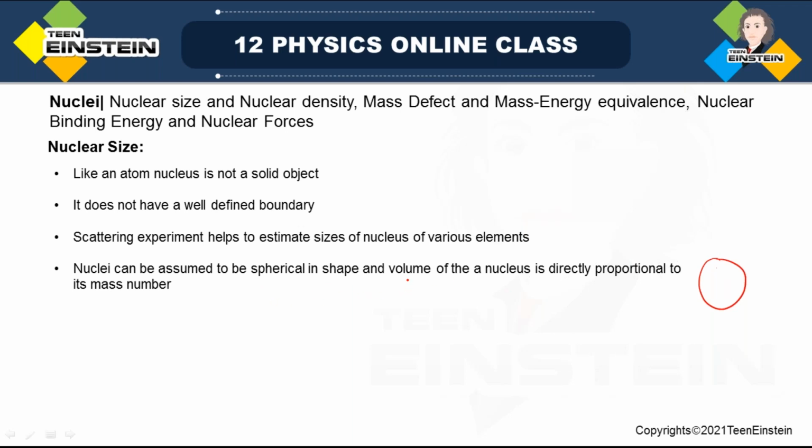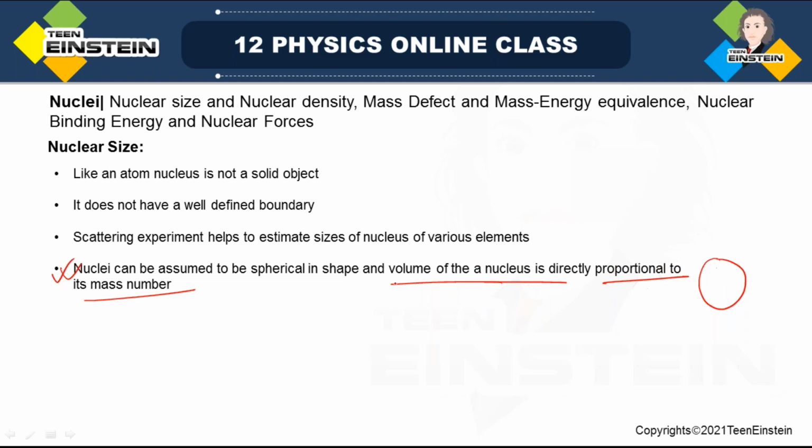And from various experimental results we can see that the volume of the nucleus is directly proportional to its mass number. This particular fact is known from the analysis of the experimental results.